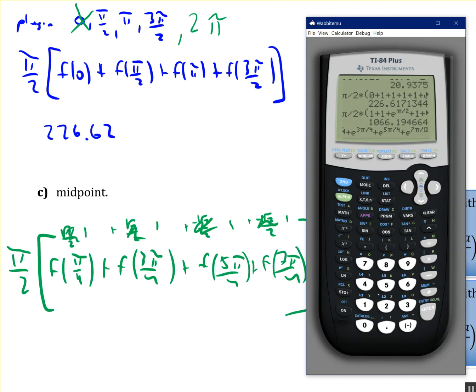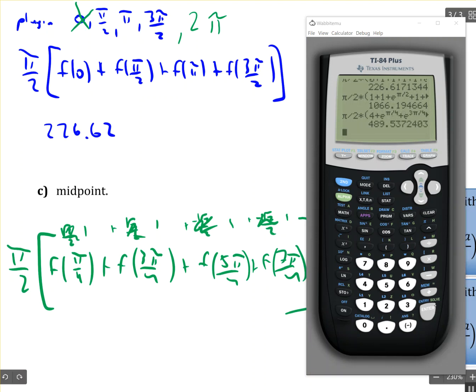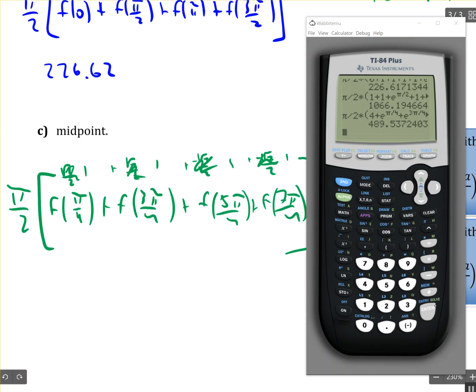And I would expect this answer to be not halfway between, but somewhere in the middle here of our previous two answers. So 226 and 1,000, 489, that seems reasonable. So I get 489.54.